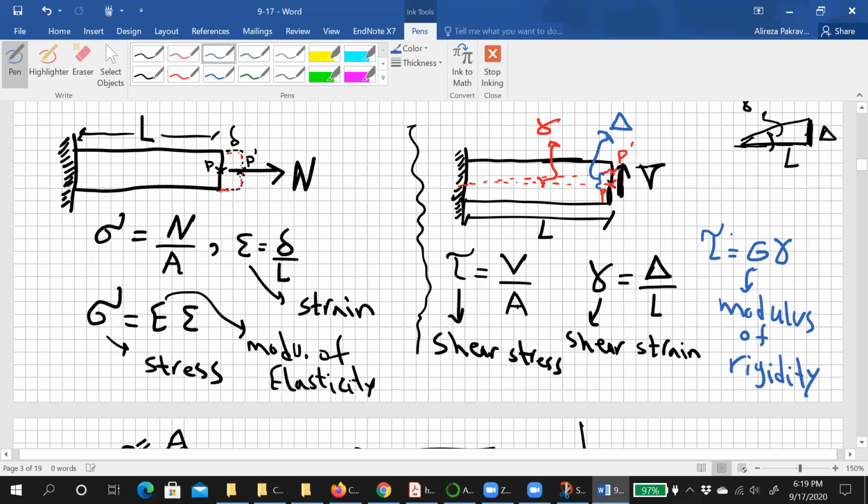This is another quantity, right? Modulus of elasticity is for the normal strain, and modulus of rigidity or shear modulus is for the shear strain. We can say modulus of rigidity or shear modulus, both the same.